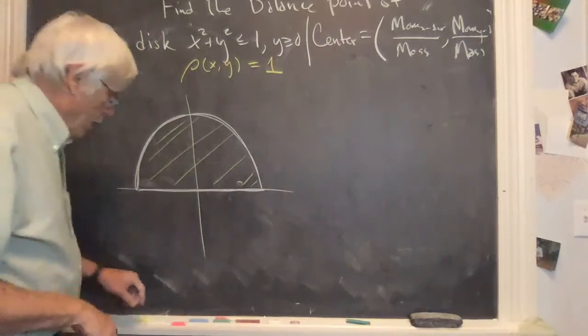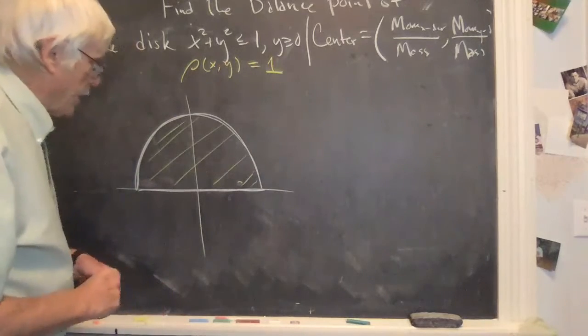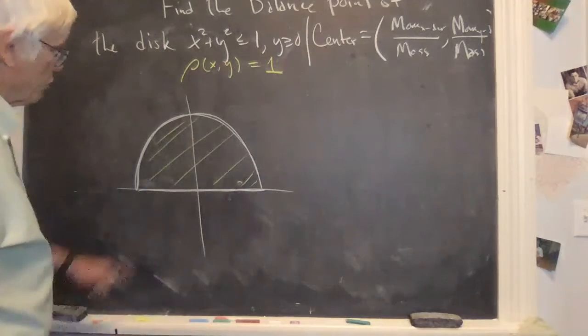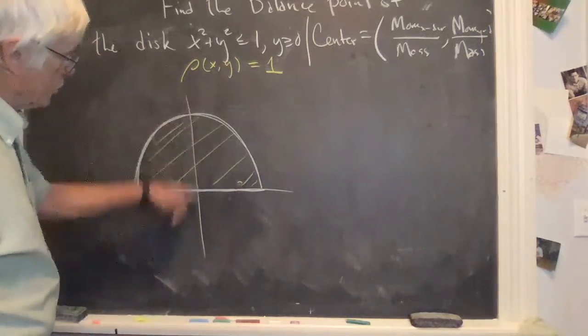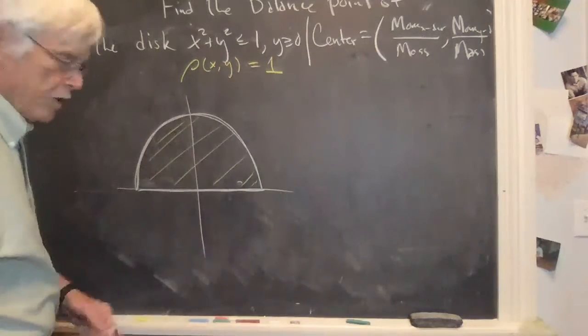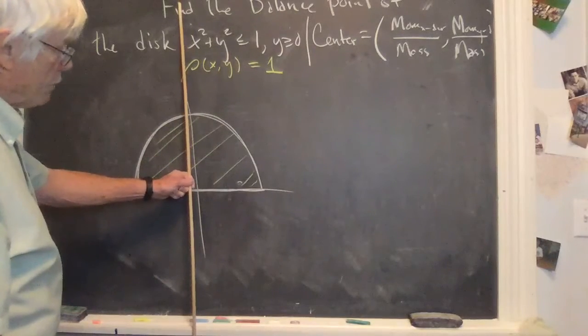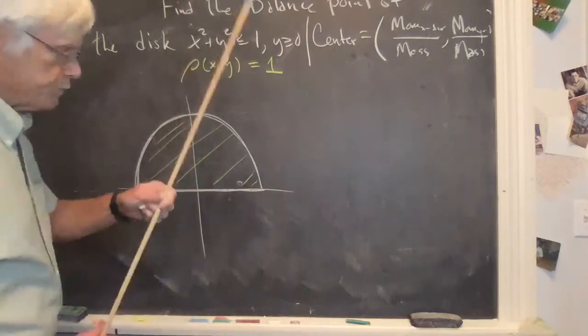And so some things are obvious from the nature of what we're finding. The moment in the x direction should be 0, because this is balanced over the y-axis. So the y-axis is going to balance this lamina if we're looking at it vertically.